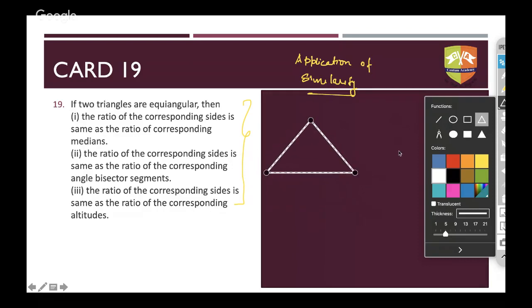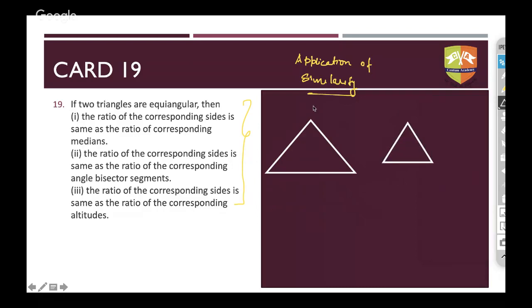Anyways, let's not attempt to make it perfectly equilateral. Something like that. Now, let's say you have this as A, B, and C, and this is D, E, F. What are they saying? If two triangles are equiangular, then the ratio of the corresponding sides is the same as the ratio of corresponding medians.